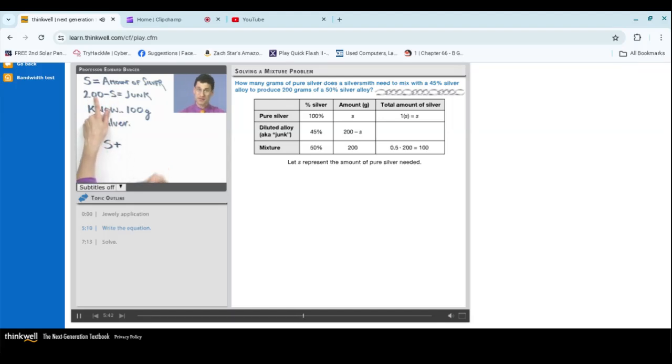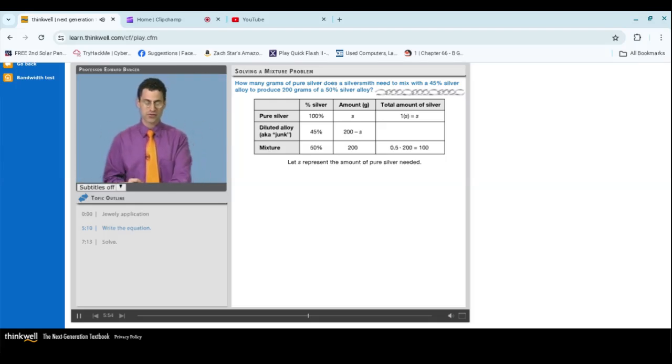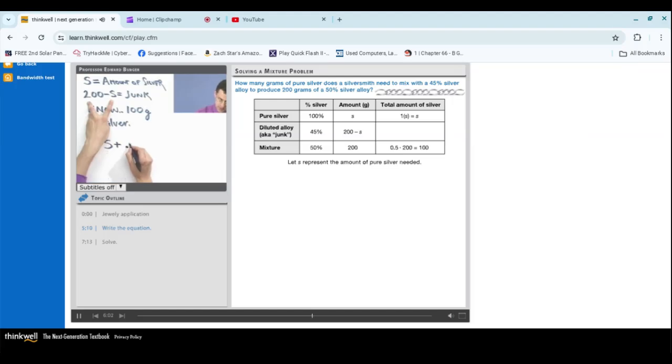That's the whole point. In fact, only a fraction of it is pure silver. Only 45% of it is silver. So that means how much does it contribute to this 100 grams of final mixture of pure silver? Well, 45% of it. And what's 45% of something? It's just 0.45 times.